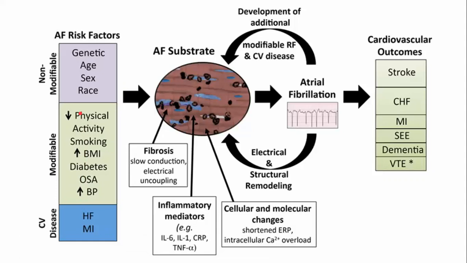So all of these things taken together can contribute to fibrosis of myocardial tissue and slow down the electrical conductivity of that myocardium. And then you throw in the possibility of inflammatory factors, interleukins or tumor necrosis factor, or any type of inflammatory process that oxidizes this tissue.